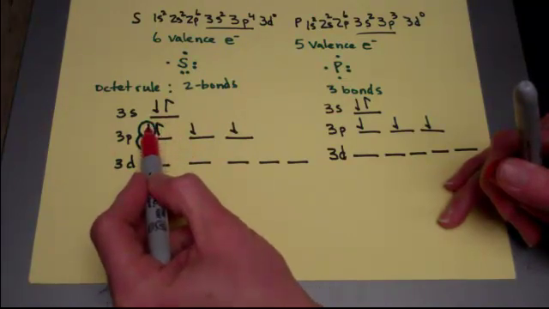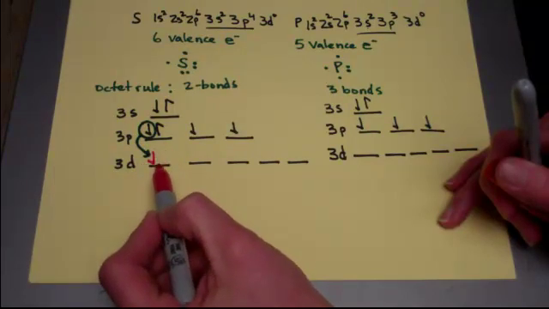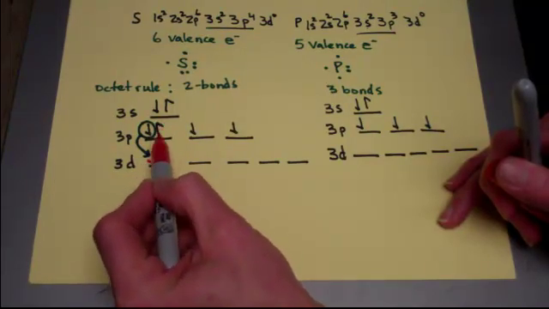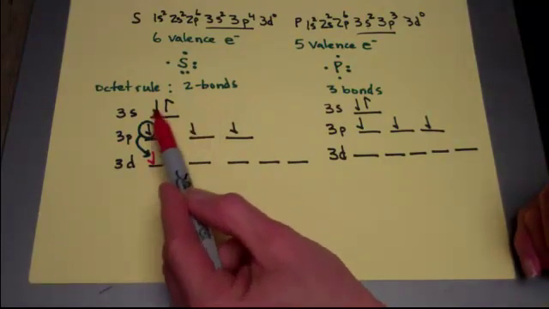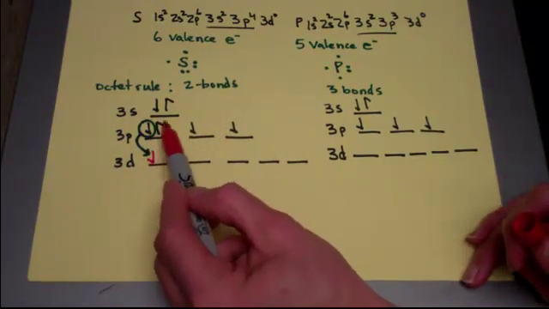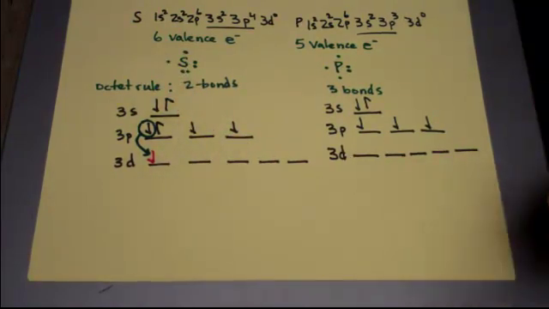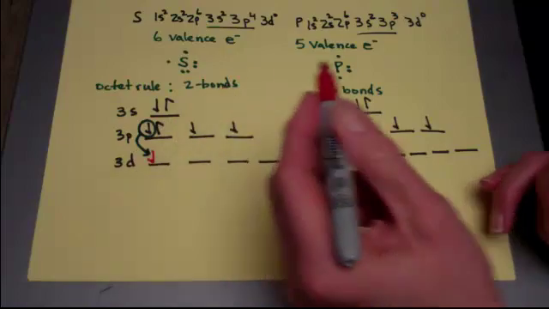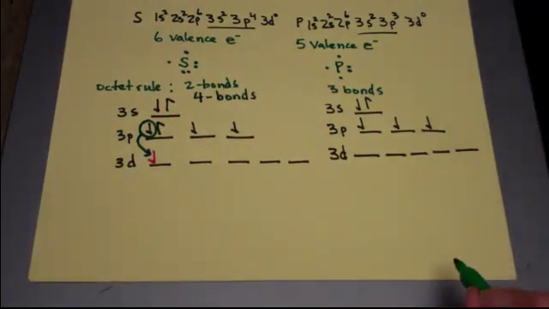This one would no longer be paired, so we could pair another electron here, and now this one would also be unpaired. So we can do two bonds, or if we split up the p electrons here, we could form two more bonds. So sulfur, if we do this, could form 4 bonds by electron splitting.